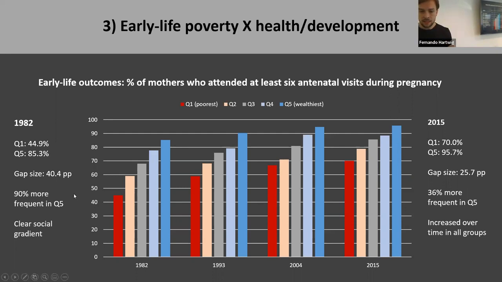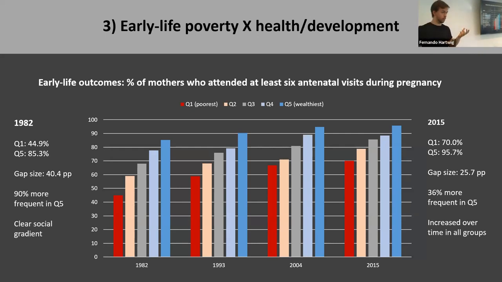If we compare again, though, the wealthy group and the poor group, now not one minus the other, but in relative terms, we see that this proportion was 90% more frequent among the wealthy compared to the poorest subgroup. And when we go to 2015, it was just 36%.